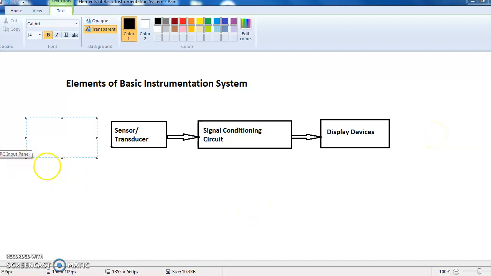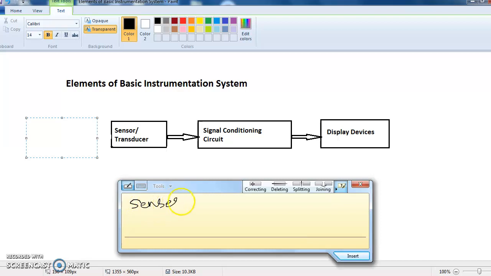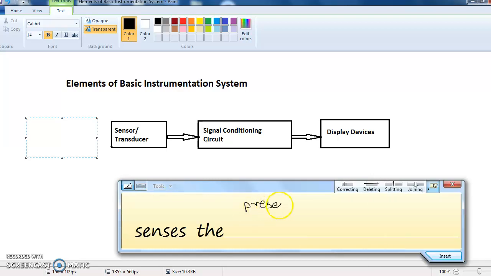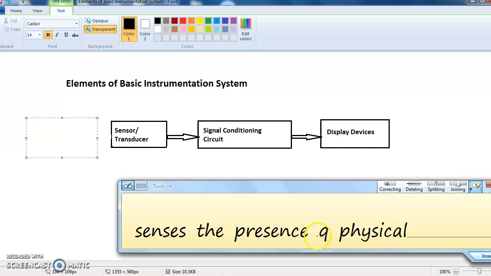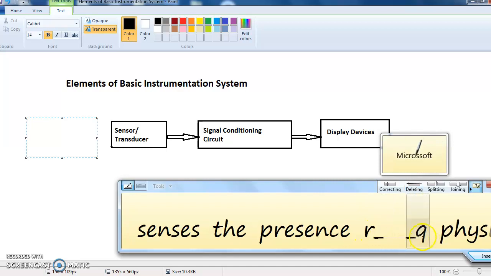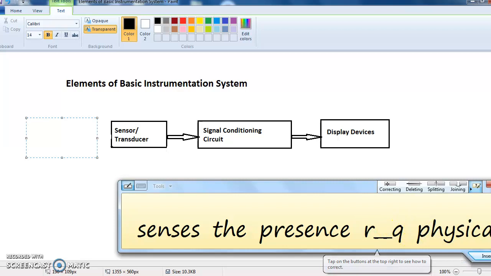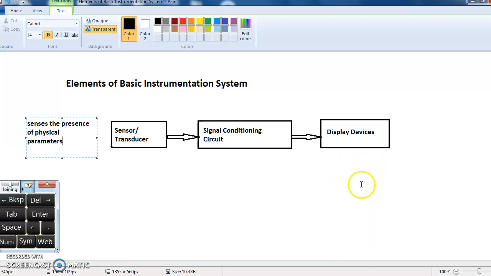The sensor senses the presence of physical parameters. Fine. So these are the sensors.